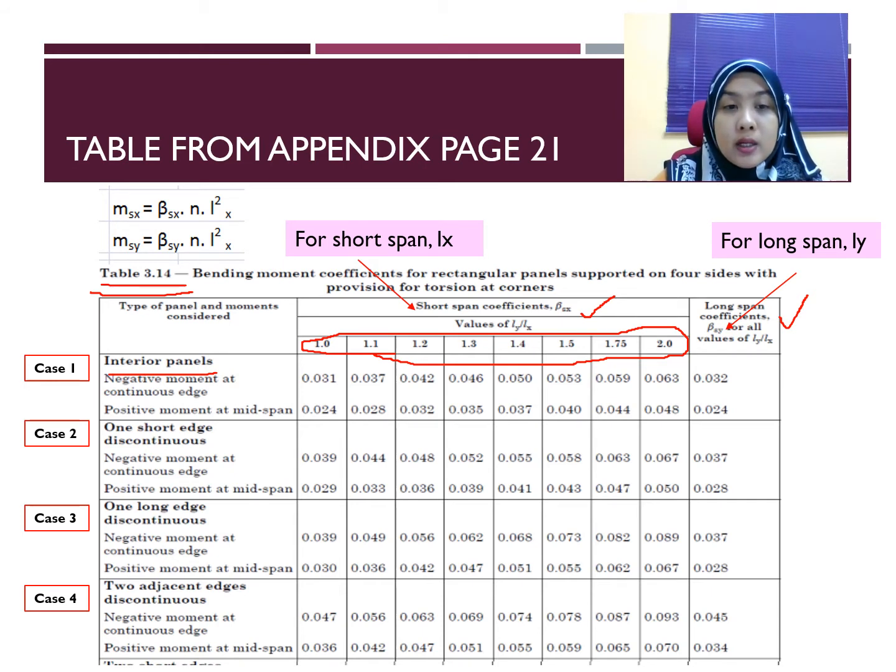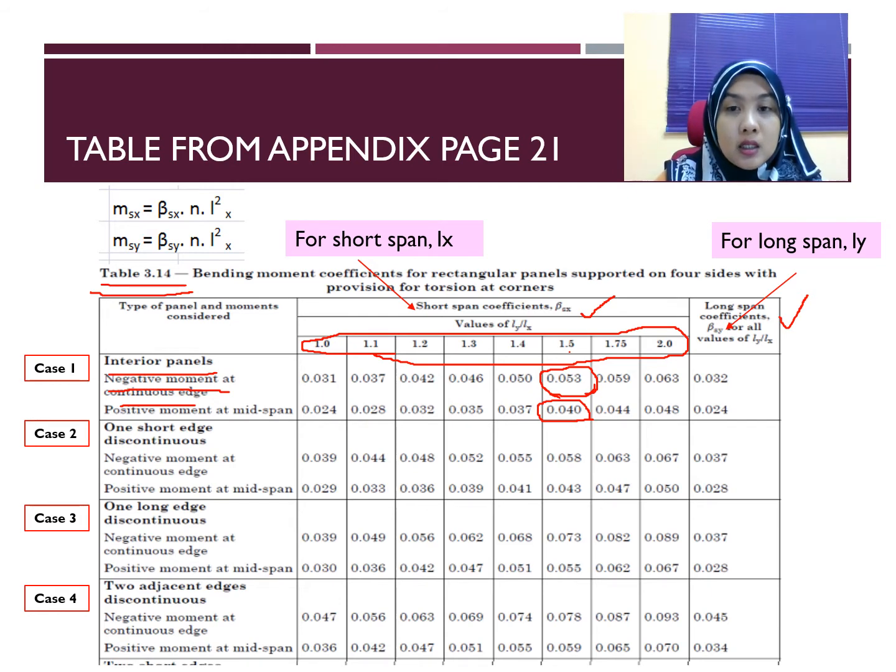Okay, so let's take one example. For case number 1, Ly over Lx is 1.5. Then you get beta sx equals 0.053. And it mentions here that this is negative moment at the continuous edge, so this one is only for the continuous edge. And then positive moment at midspan, which means this value only occurs at midspan.